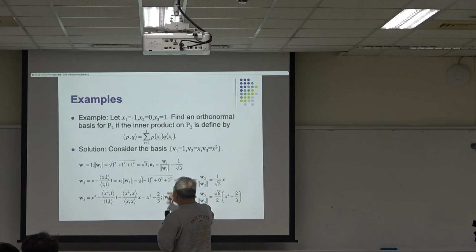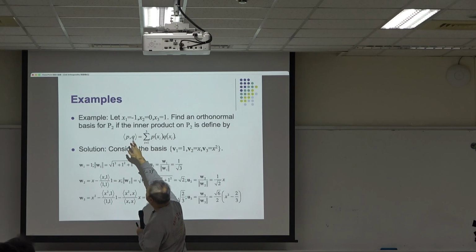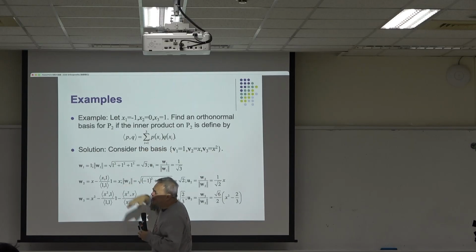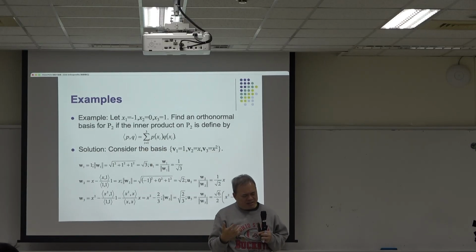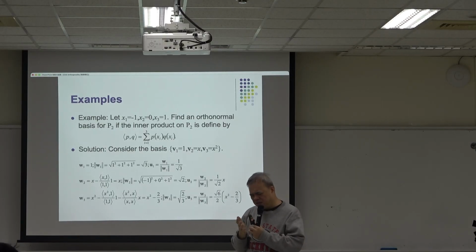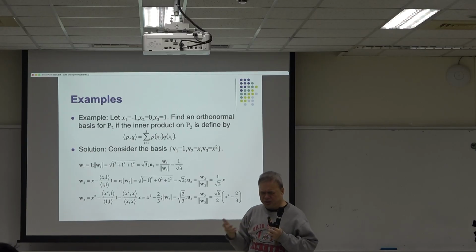And this definition specifically involves those x1, x2, and x3. So this inner product is not just like you look at the polynomial and you can decide what the result will be.